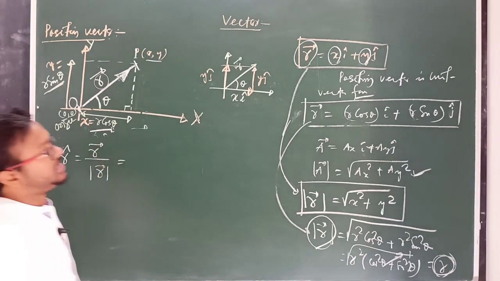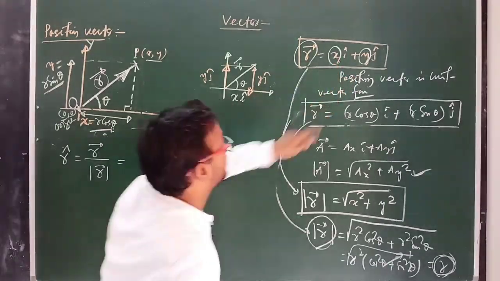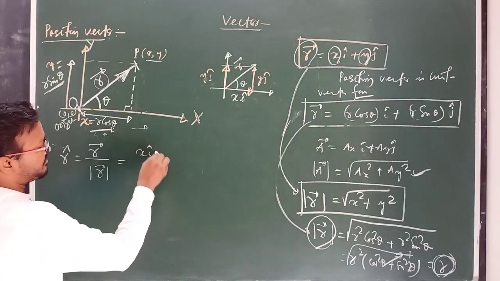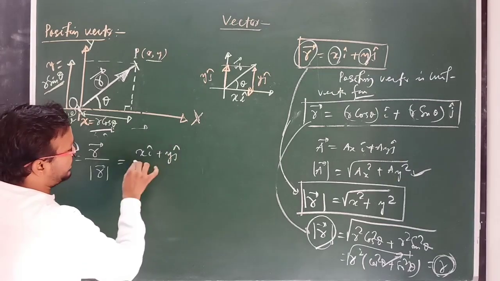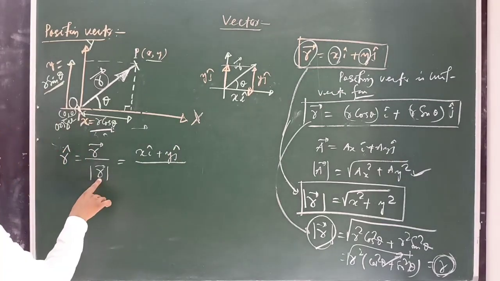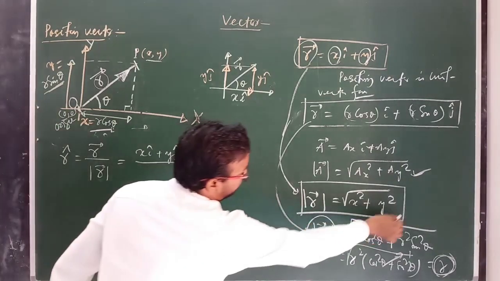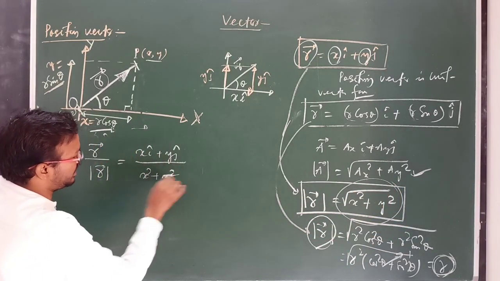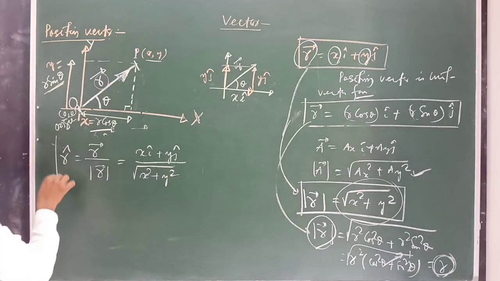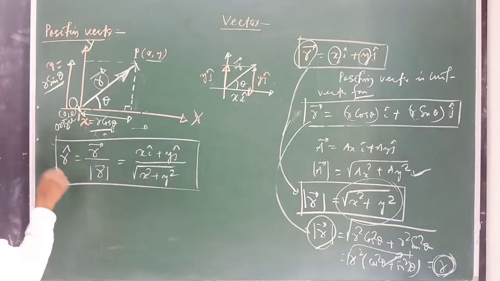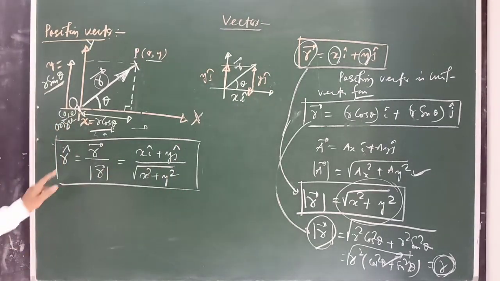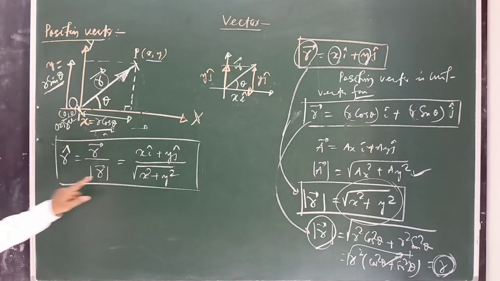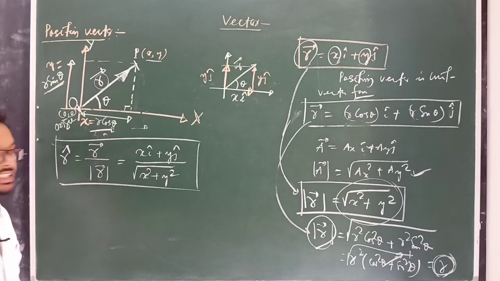The r vector is x i cap plus y j cap, divided by the magnitude of r vector, which is the square root of x square plus y square. This is the unit vector, clear? This is the format for writing a unit vector in two-dimensional form, clear?